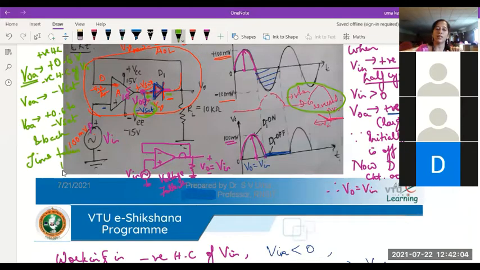Since it involves a huge change in the voltage level, the time taken for that change will also be higher. The time taken for the output of the op-amp to change from a saturation level to the other level of 0.6 or so will be much larger than if the change had to be between smaller voltage levels.